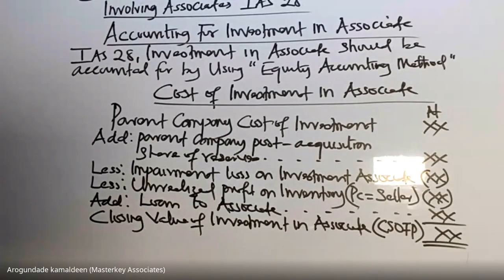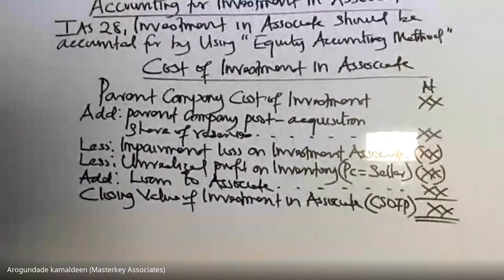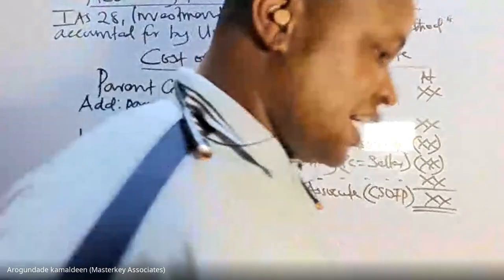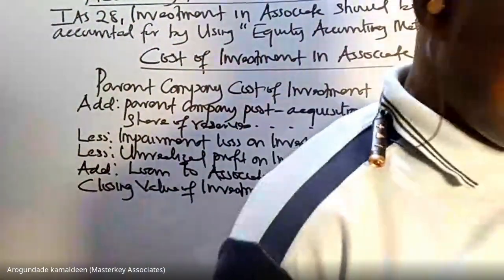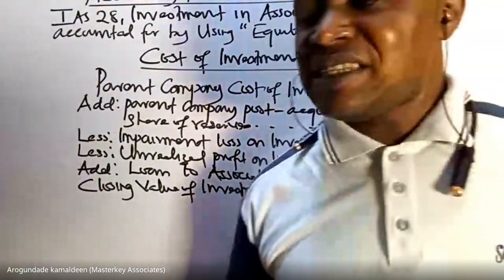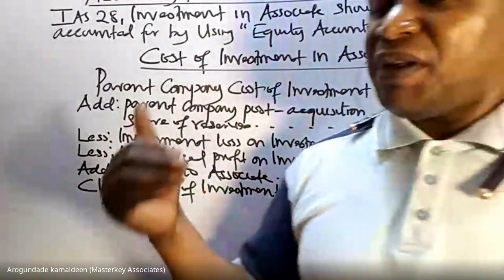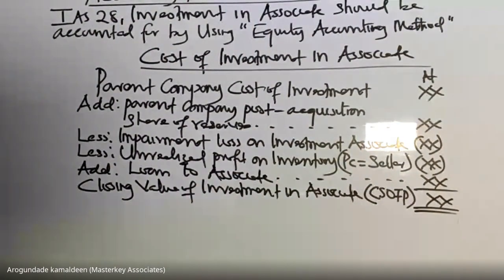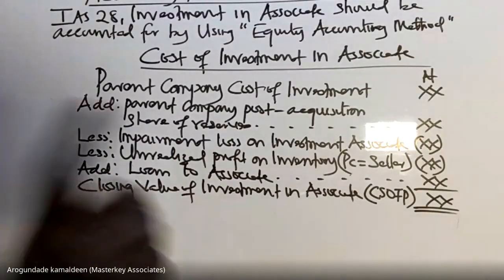Now, class, earlier I talked about the equity accounting method. It is also important that you note that the equity accounting method is actually the method that is preferred, recommended by IAS 28 for accounting for investment in associates. However, the equity accounting method will not be used.